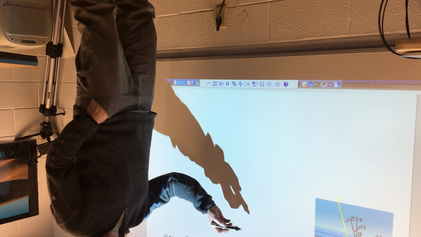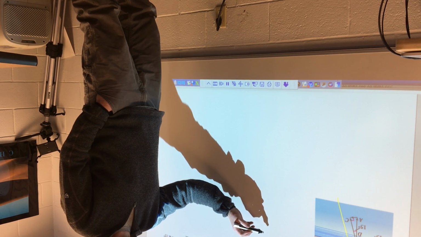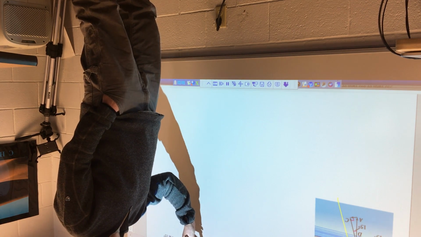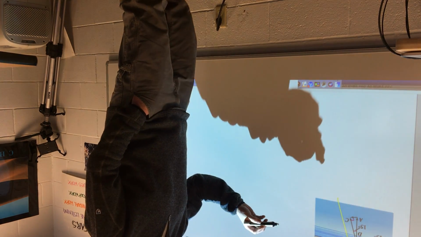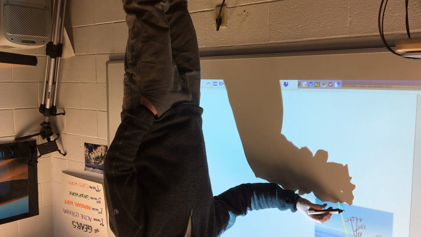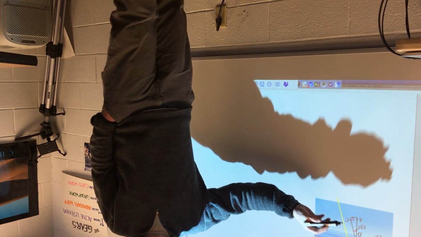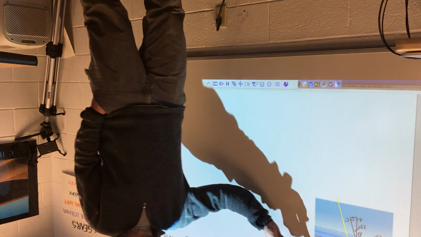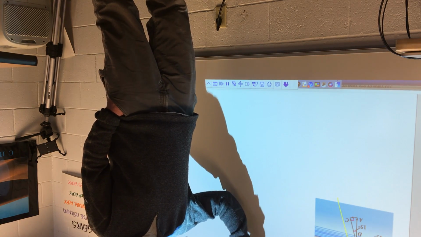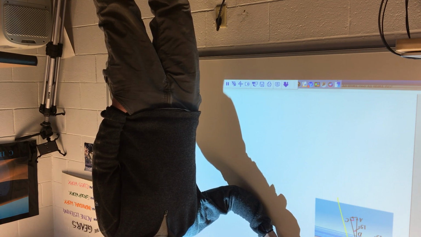Okay, so we've got two vectors. This vector right here is the weight of the boat that goes straight down, and the second vector is this pulling vector.